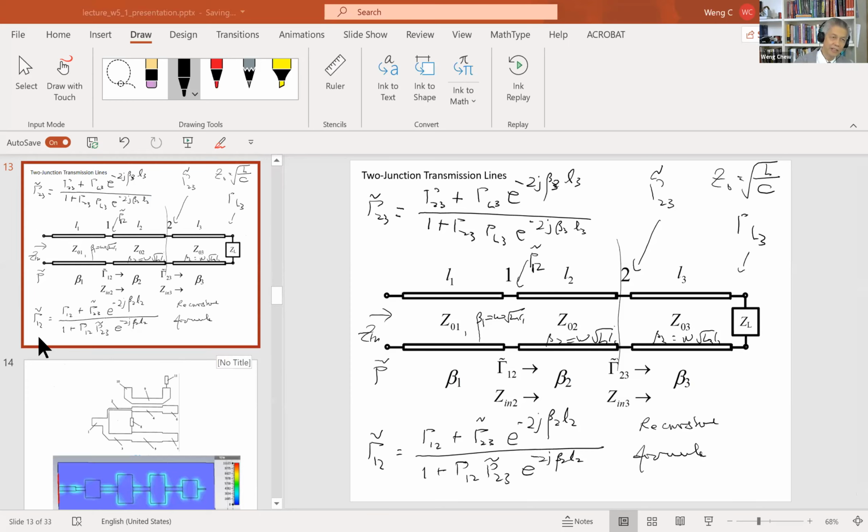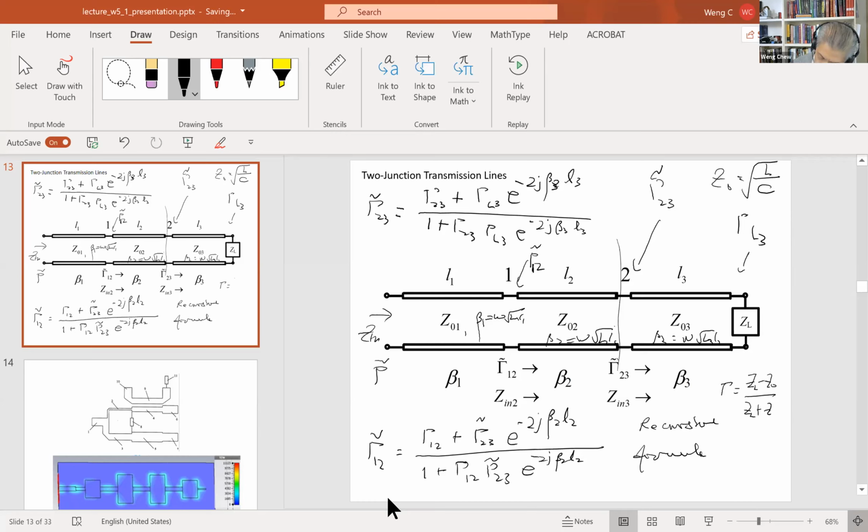There is an impedance associated with this reflection coefficient via the formula we have learned: gamma is (ZL minus Z0) over (ZL plus Z0).